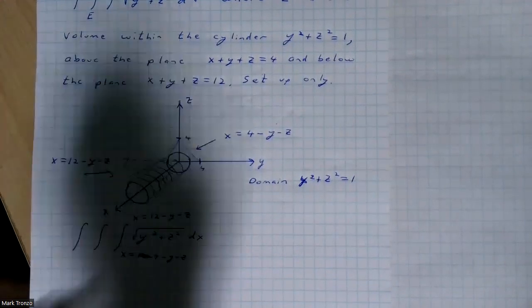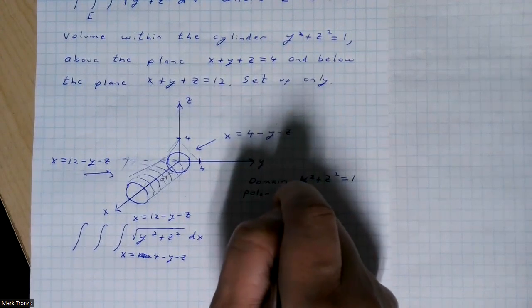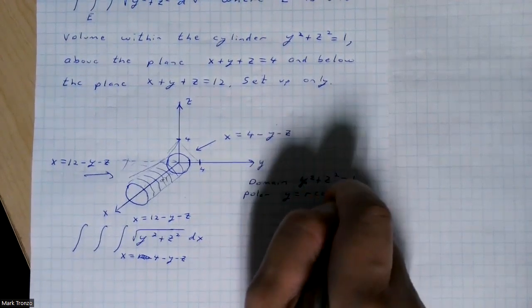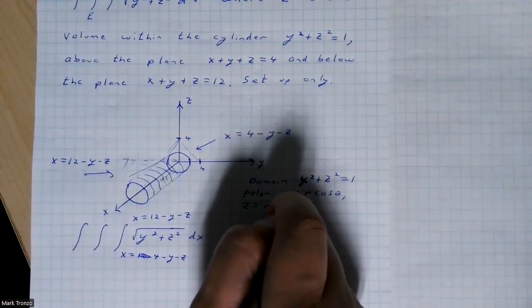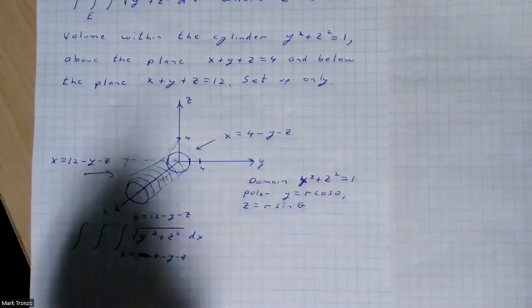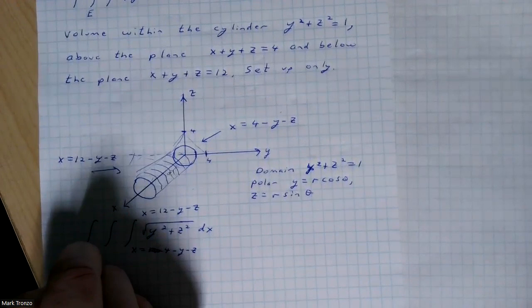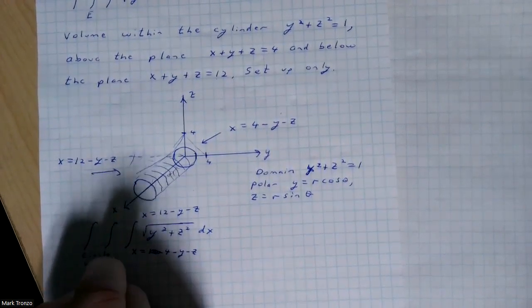And then when we convert to polar for the last two integrals, it'll be y equal r cos theta, z equal r sine theta. And again, over here, this will be the circle of radius 1.